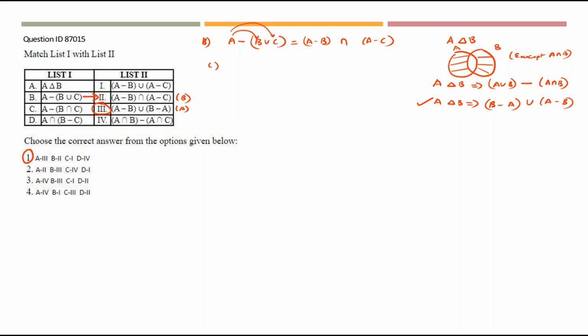Let's take C, A difference, B intersection C. The same thing, A minus B will be there, A minus C will be there. Instead of intersection, we will have union. So first option will be for C. Then D. A intersection B minus C will give A intersection B, A intersection C, and we'll apply the difference here. So this is equal to option number 4.